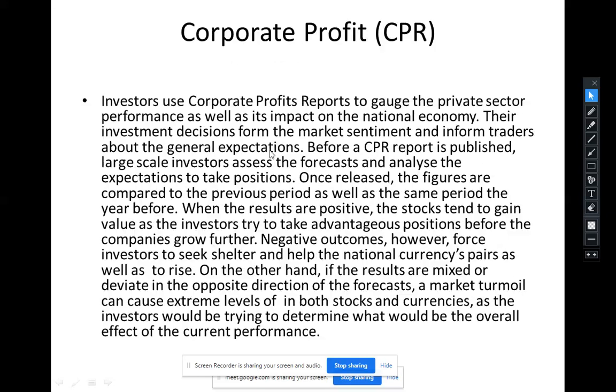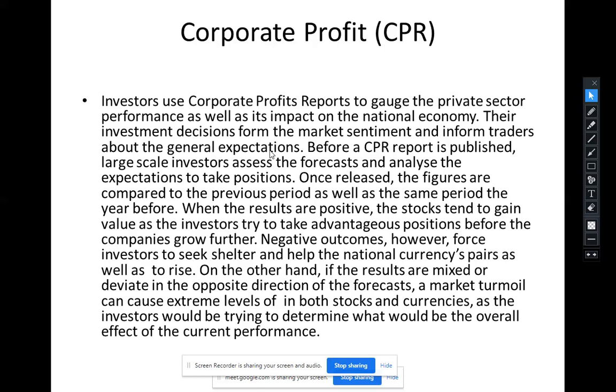So now the CPR, the corporate profit. What do you mean by profit? Investors use corporate profit, that is the CPR, to gauge the private sector performance as well as the impact on the national economy.